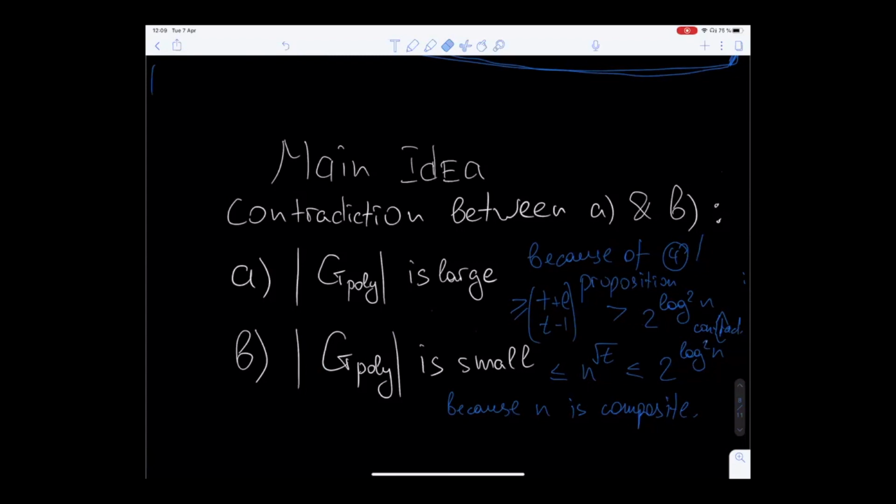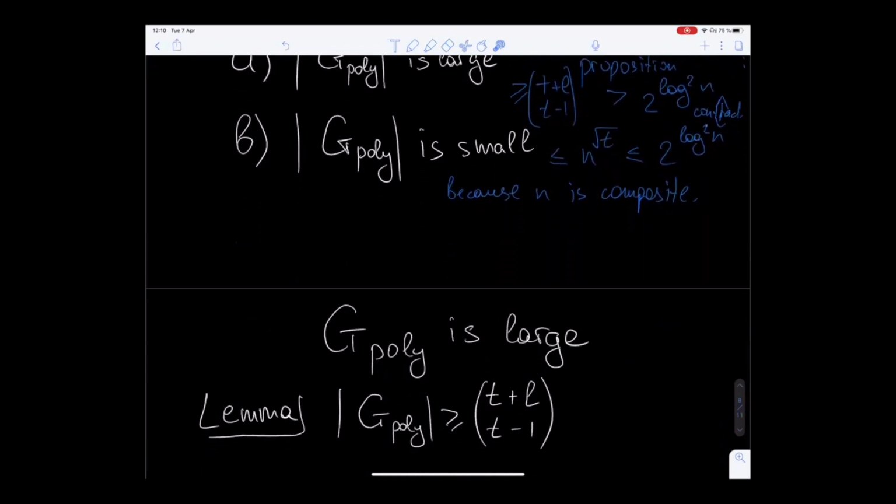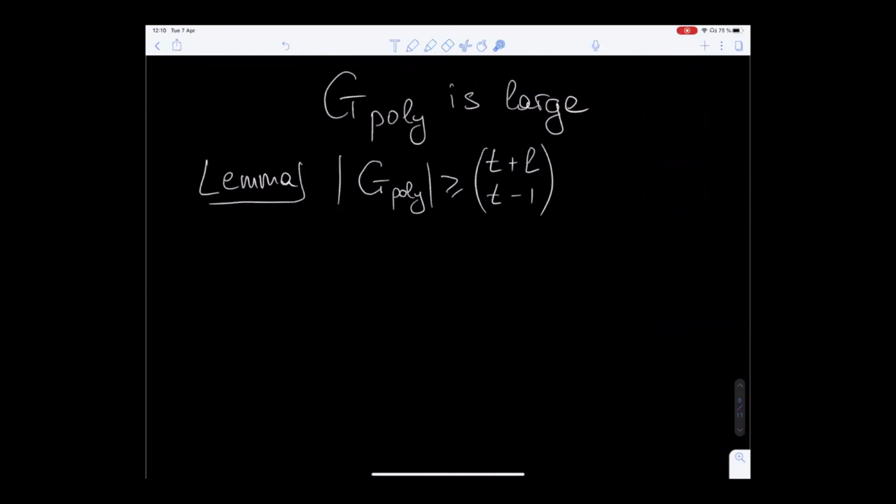Now we have to show these two things, A and B. So let's start with G poly being large. Why is it large?